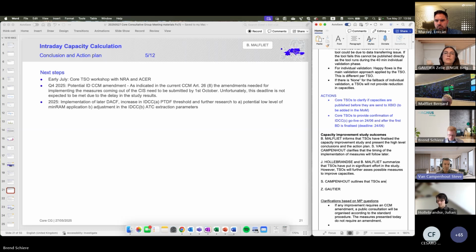You were referring to the study being made public. The study is not foreseen to be published. The requirement is to deliver it to the NRAs and ACER. So I'm not sure if it's a specific request or question from your side regarding the publication.